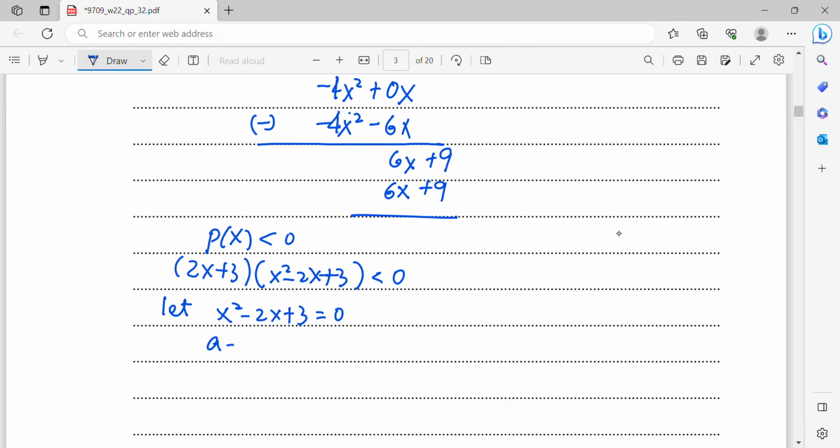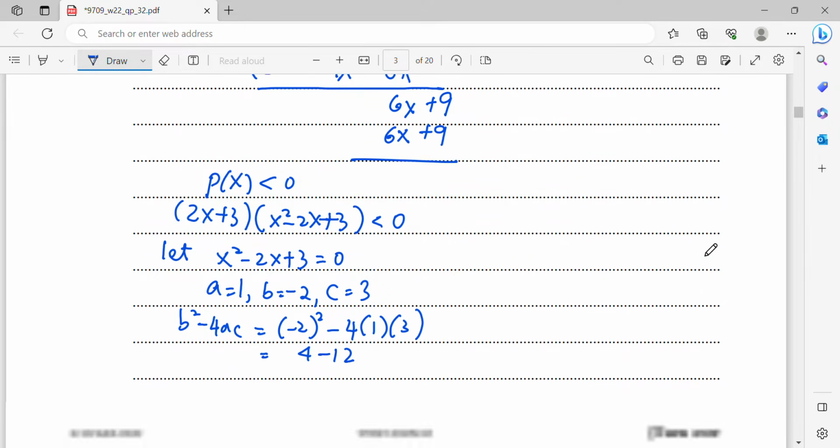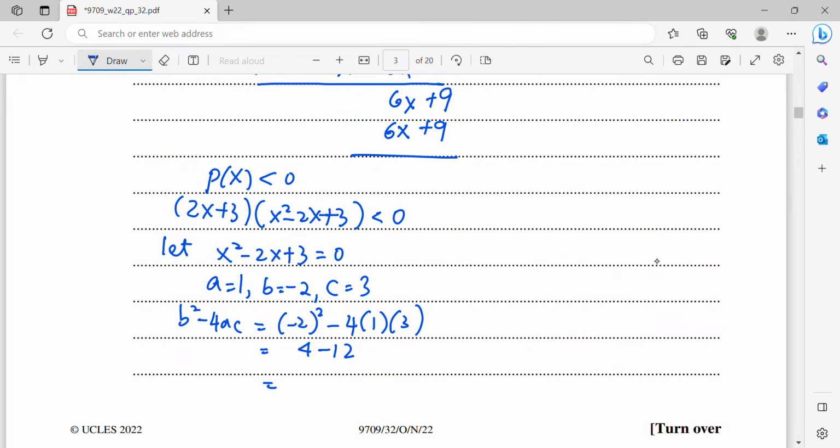So now my a will be 1, my b is minus 2, my c is 3. So from here, the discriminant b squared minus 4ac will be negative 2 squared minus 4 times 1 times 3. So now, this is basically 4 minus 12. My b squared minus 4ac is a negative value, so minus 8.